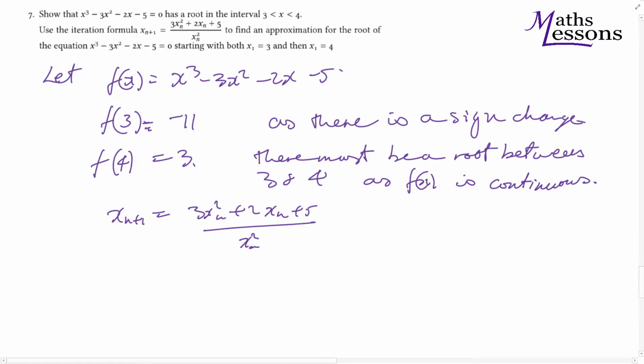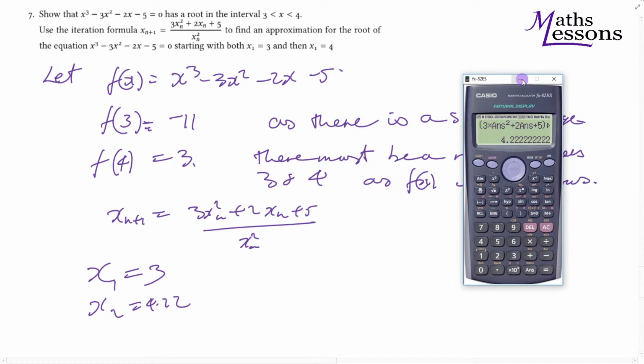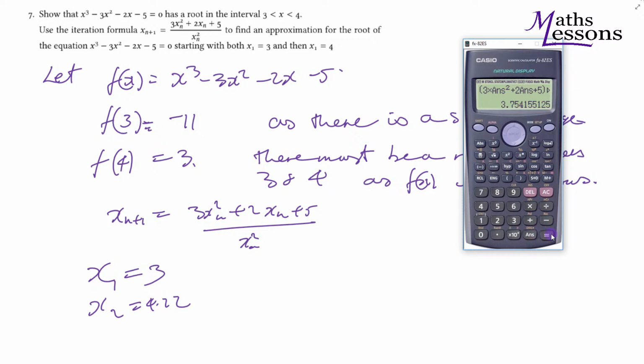So starting with x1 equals 3, x2 will equal 4.22. And just grab my calculator back again. And we press equals, we get 3.75, press equals again, we get 3.8, 3.84, 3.85, 3.8454, and 3.855.